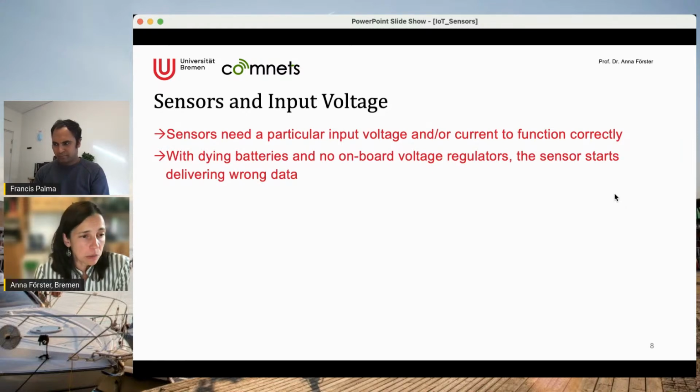Now we're getting back into embedded systems and those problems. Very often in embedded devices, you will not have the so-called voltage regulator. A voltage regulator is a hardware piece on the embedded device, which makes sure that the voltage is approximately at one particular level, let's say 3.3 volt or 5 volt, or that if it drops below that, it shuts down the complete circuit.